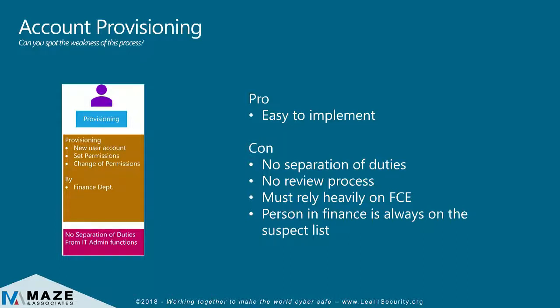So you want to make sure that those other financial controls are all in place, depending upon how much you rely upon IT or your financial systems for controls. Access control is one of the ones that you rely on the most, and you basically don't have it for at least this individual or those individuals that can create accounts.